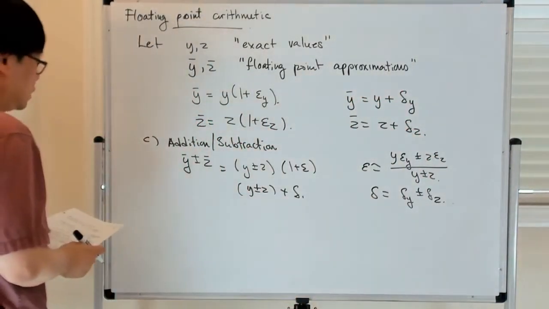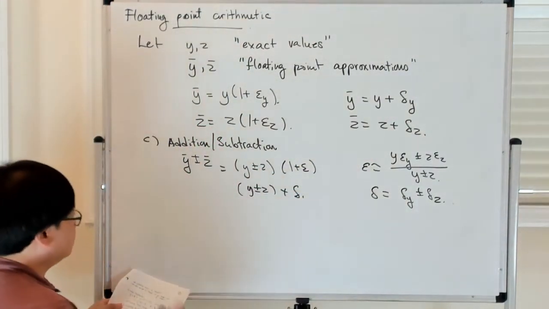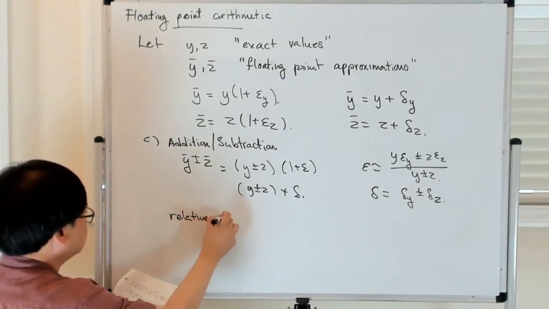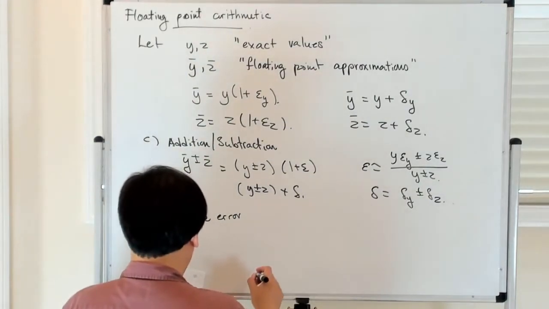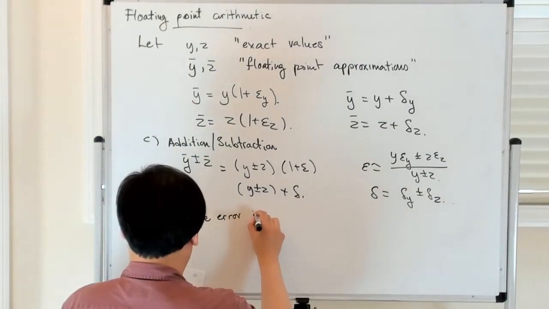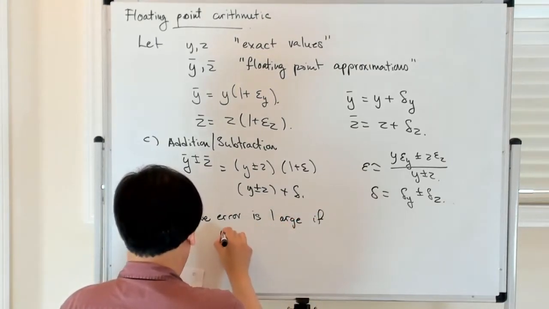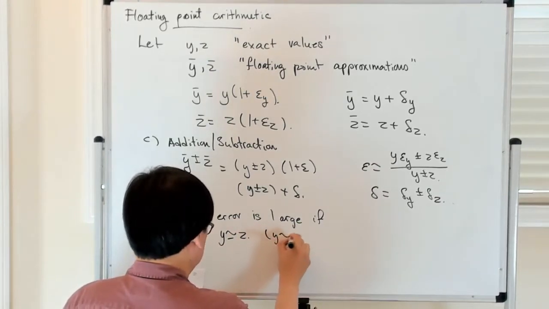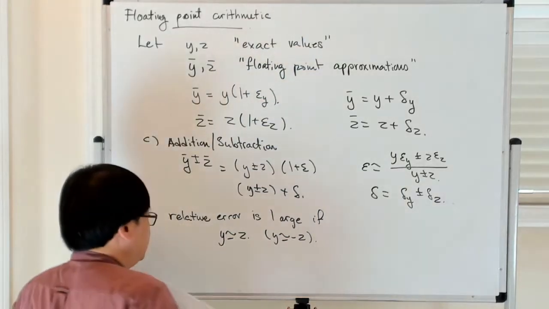Okay, so the relative error, epsilon, is large if y is approximately z, or y is approximately equal to minus z.